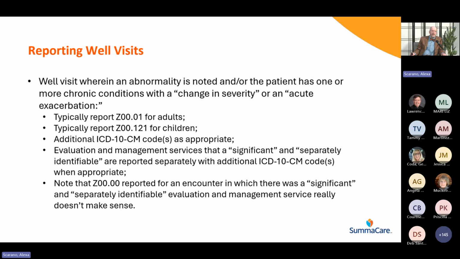And then you're going to need some ICD-10-CM code, some diagnosis code to indicate what that abnormality is. You're probably going to need a separate E&M code because you're going to need to manage that problem.